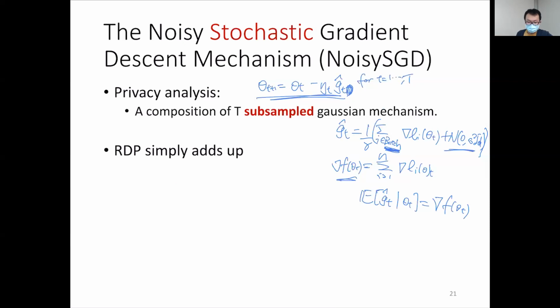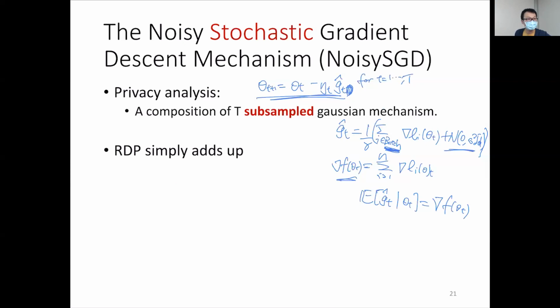The privacy analysis of this is straightforward because this is just a composition of T subsampled Gaussian mechanisms. We've seen that the Renyi differential privacy looks like something that grows linearly, then jumps up, and then converges to the other linear function that's coming from that of the Gaussian mechanism without amplification.